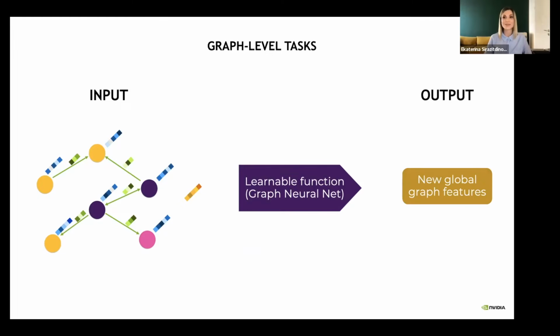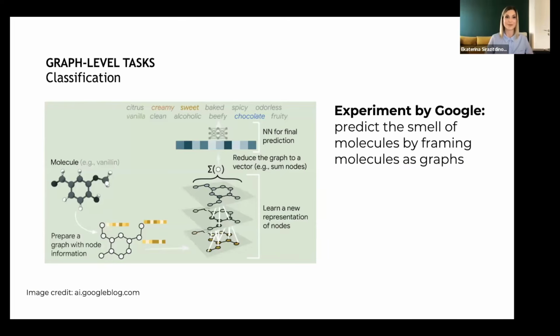The first output type is new global graph features. When comparing it to traditional convolutional neural networks, it would be like classifying your graph. Let's see some examples of this. A good example of classification is a paper I found by Google.